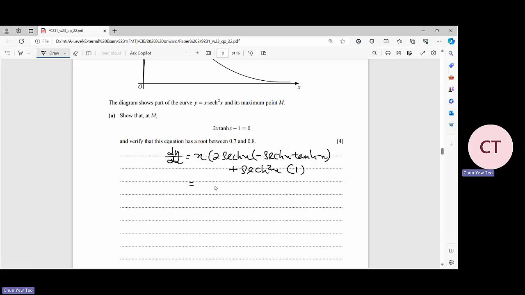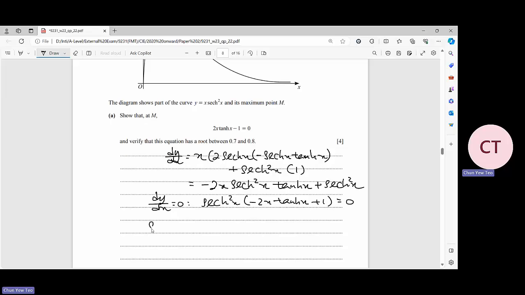So if you expand and simplify it, you will get negative 2x sec square x tan x plus sec square x. Okay, so this is your dy dx. Then for the maximum, you need to let your dy dx equal to 0. You factorize the sec square x out, then you will get negative 2x tan x plus 1 equal to 0.